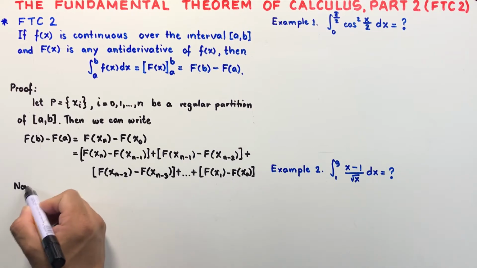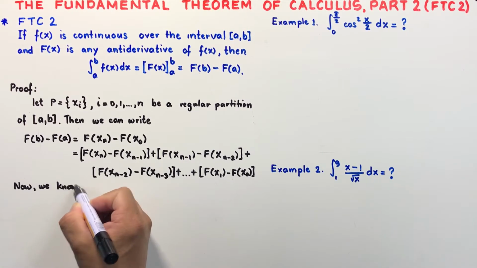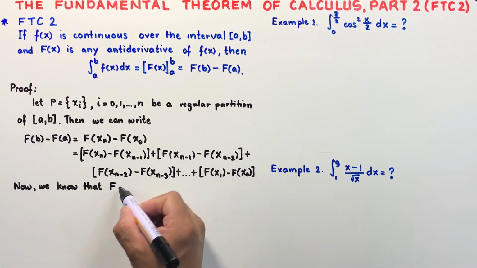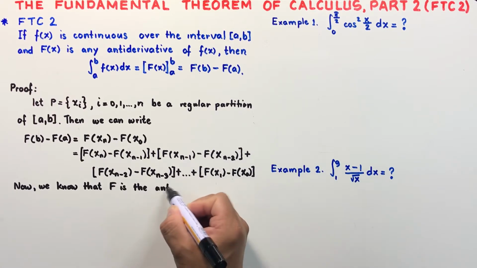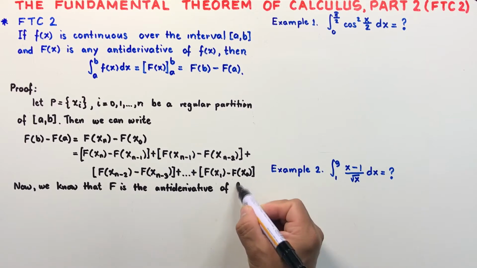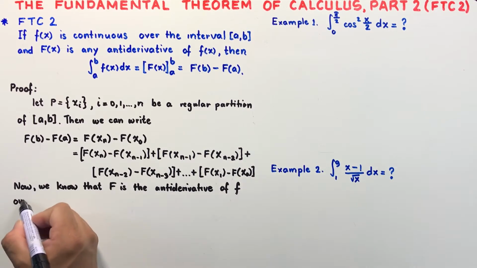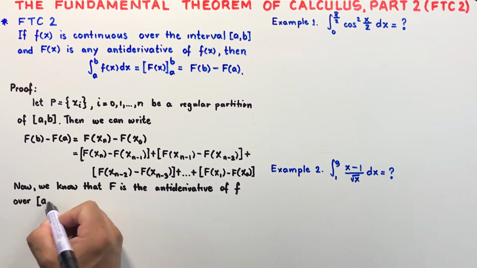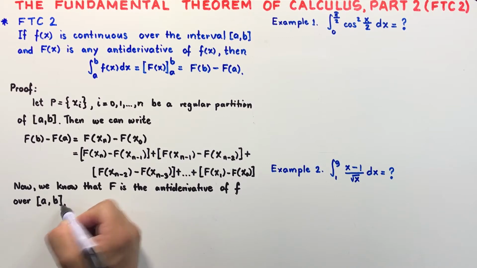Now, we know that our big F is the antiderivative of the small f over the interval from a to b.